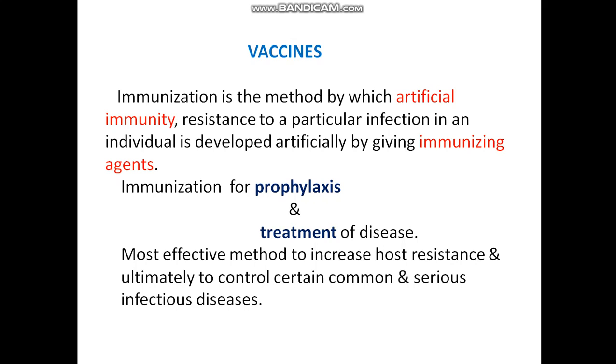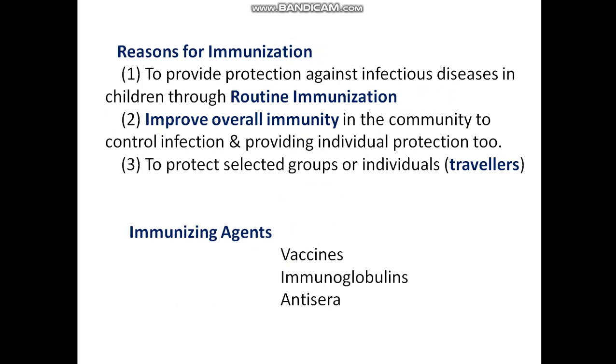Immunization is done for prophylaxis or treatment of the disease, and this is the most effective method to increase host resistance. Reasons for immunization: routine immunization for children to save them from infections, improving overall immunity of the community, and protecting travelers going to endemic areas of certain diseases.